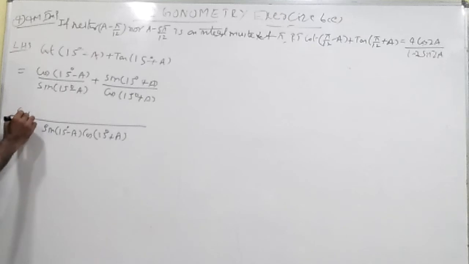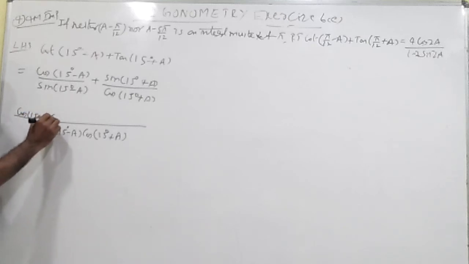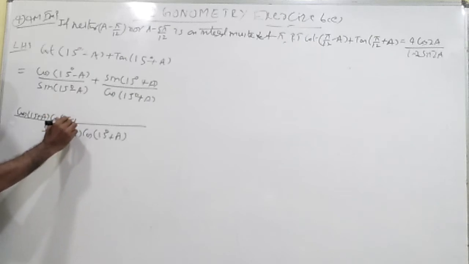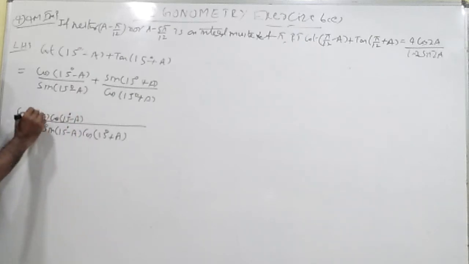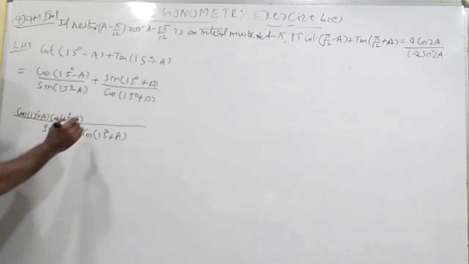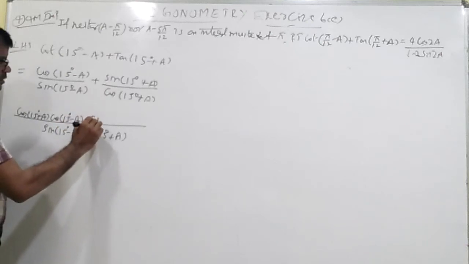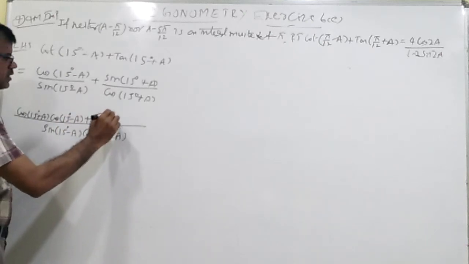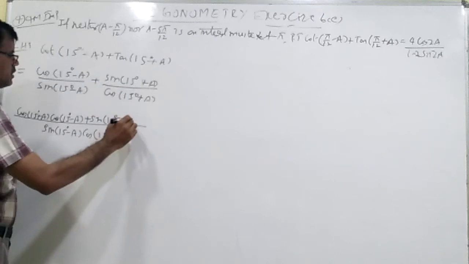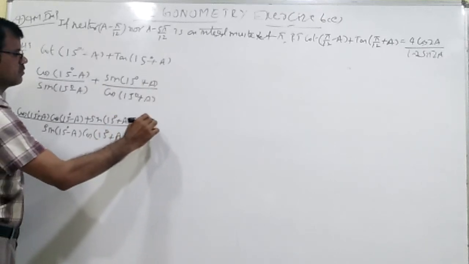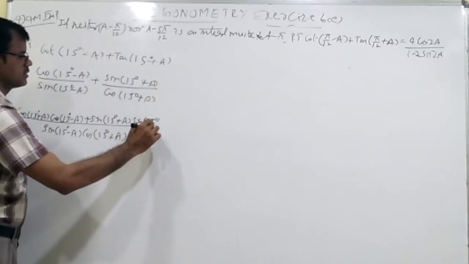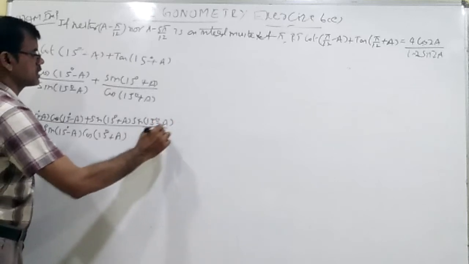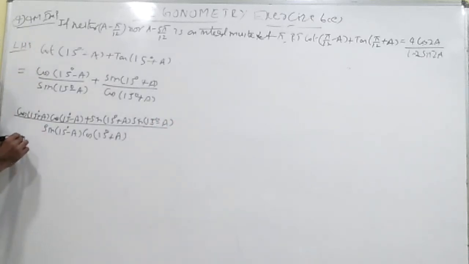So the numerator becomes cos of (15 plus a) into cos of (15 minus a) plus sin of (15 plus a) into sin of (15 minus a).